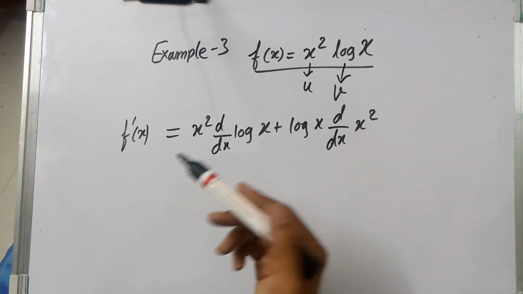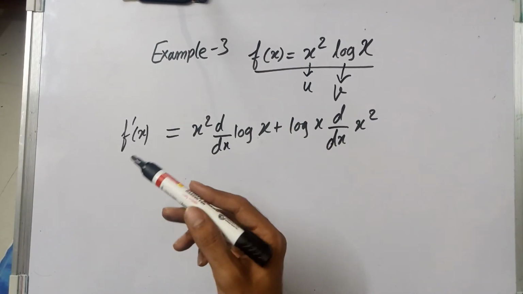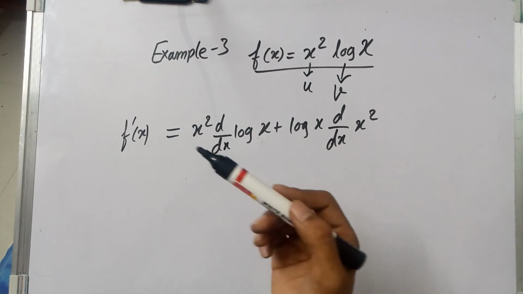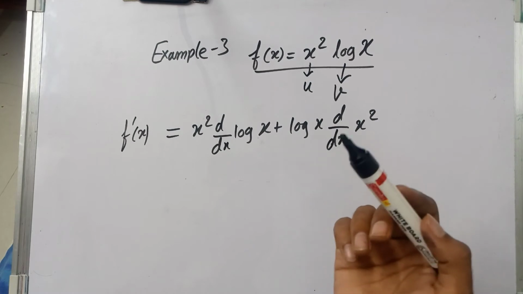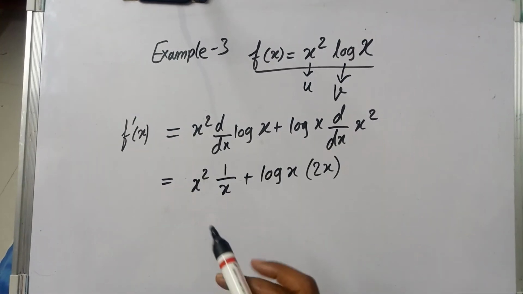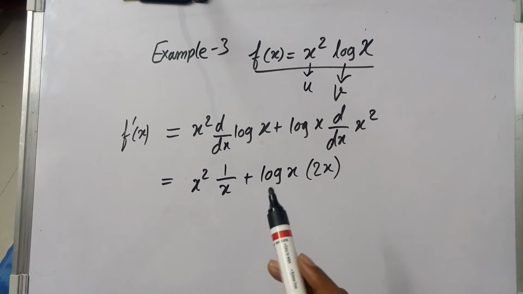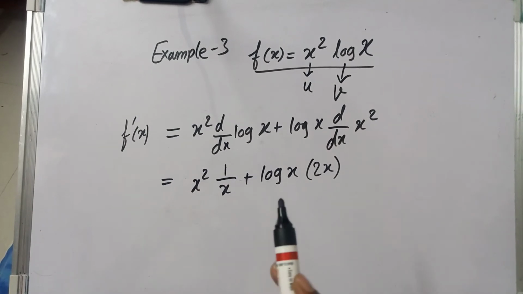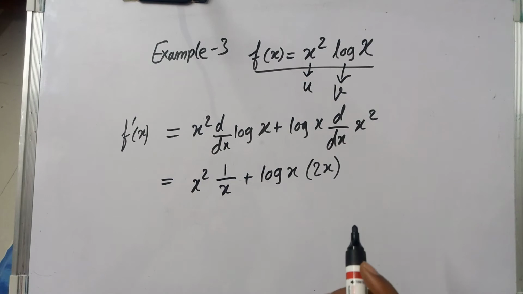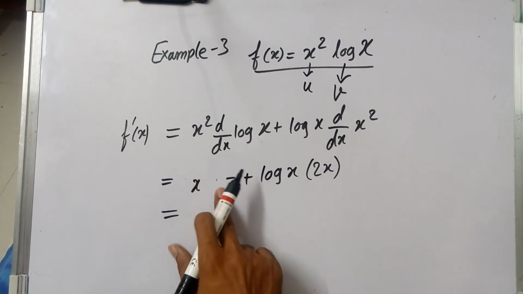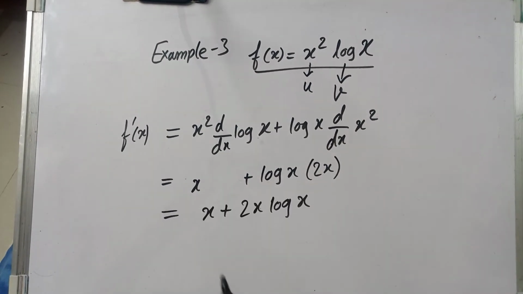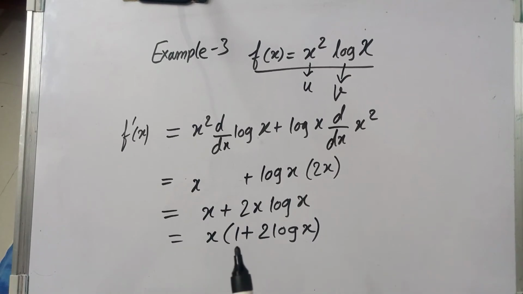So because of product rule, derivative of f(x) is x square into 1 upon x plus log x into 2x, and this gets cancelled. So we get x plus 2x log x, that means x into 1 plus 2 log x.